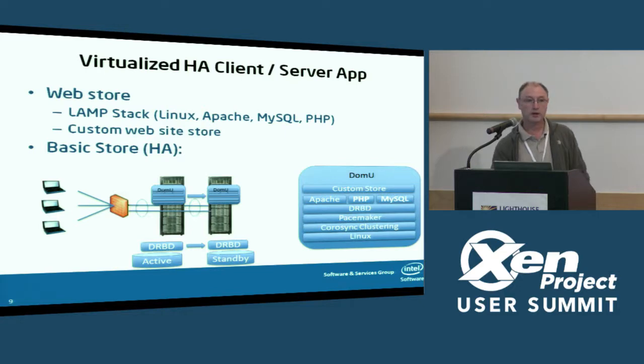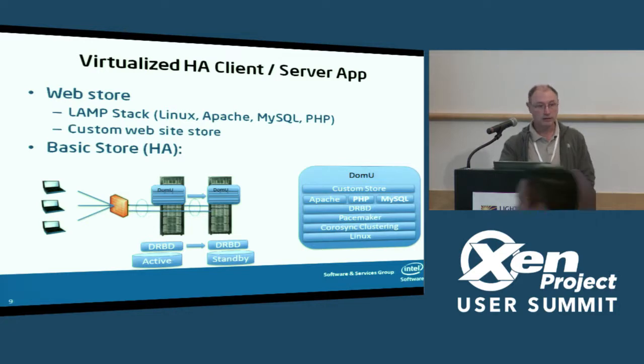Now, if we want to do that with VMs, and that's mostly what we're talking about here, it's almost exactly the same situation. So we've got all the software stack running inside of the VM. This is DomU in this case. And so you can see we've just got the Linux, the clustering, Pacemaker, DRBD, and then the rest of the LAMP stack is there.